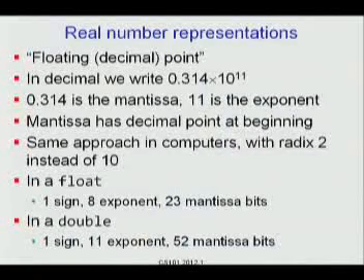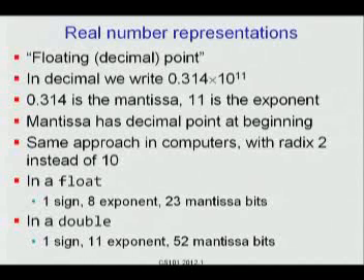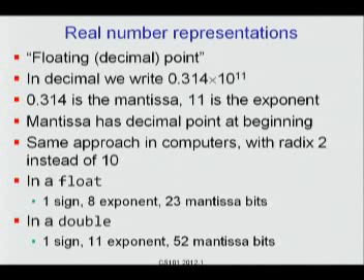In computers, when we write floating point numbers, the mechanism is the same. There is a fractional mantissa with a sign, and then there's an integral exponent, like 11 here in the decimal case. There are 2 primary floating point numbers provided in standard computers: a 32-bit float and a 64-bit double. In a 32-bit float, 1 bit is allocated for the sign.